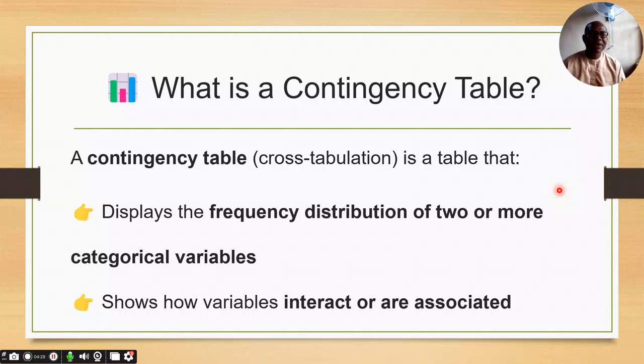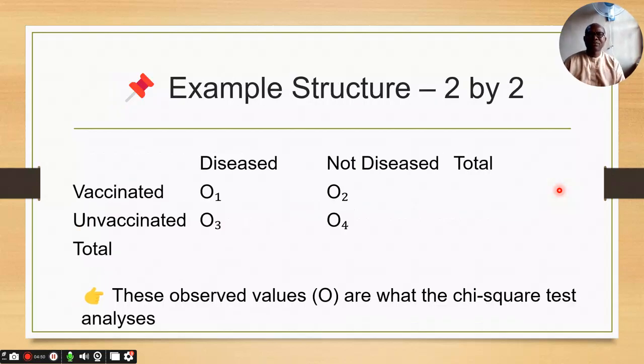Basically, we have different types of contingency table. You can have 2 by 2, 2 by 3, as the case may be, depending on the number of variables you are trying to compare. This contingency table helps us to show how variables interact, or are associated, or relate with one another.